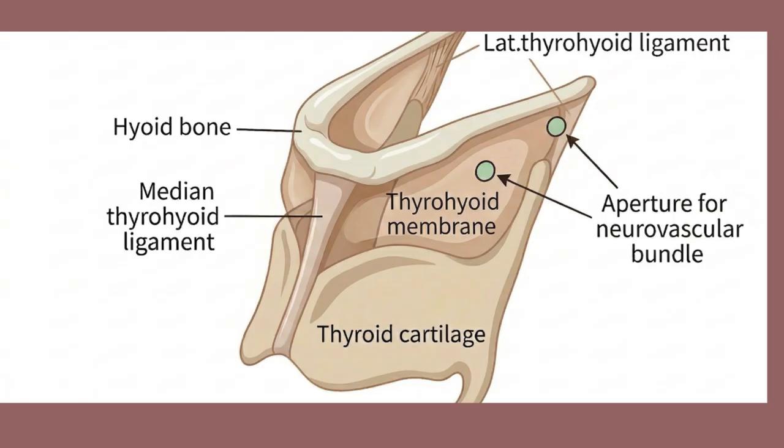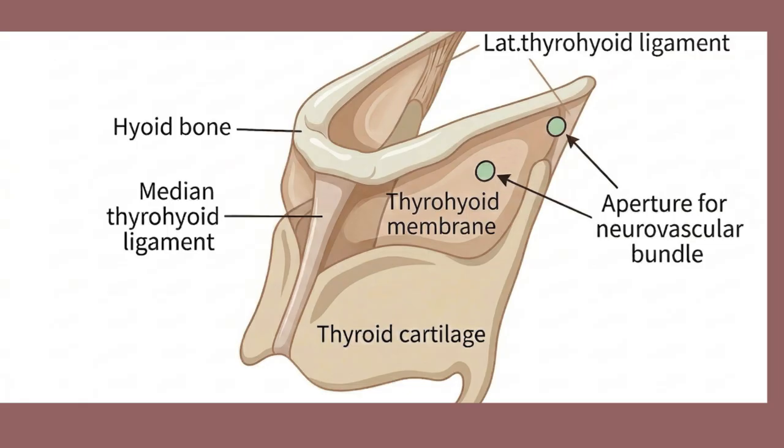With the help of this connection between the thyroid cartilage and the hyoid bone, the larynx is in a state of suspension within the neck, and because of this suspension, it is able to move up and down during the swallowing process.